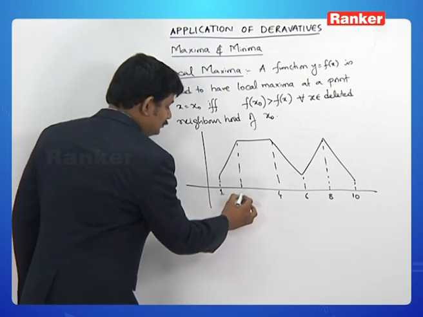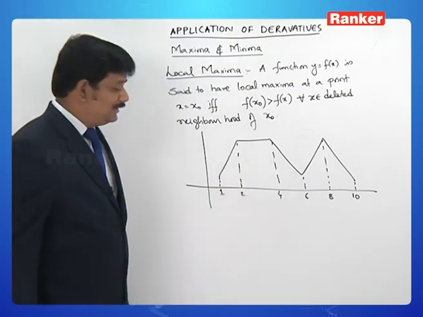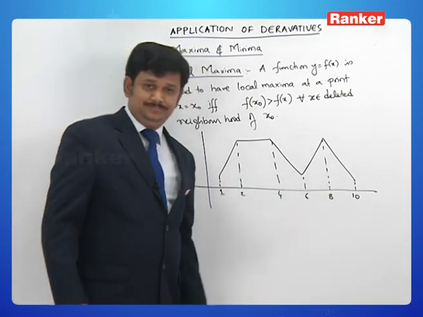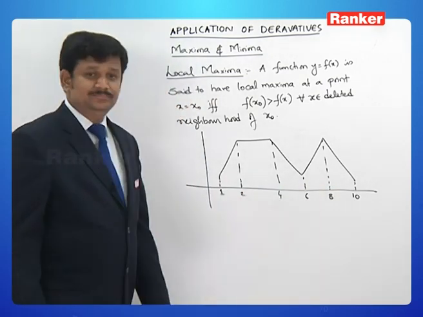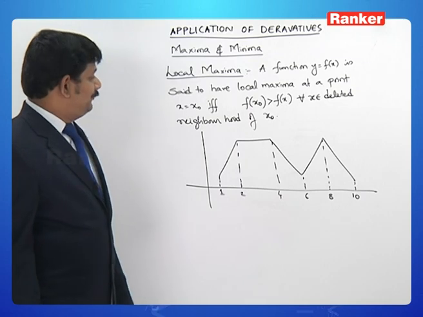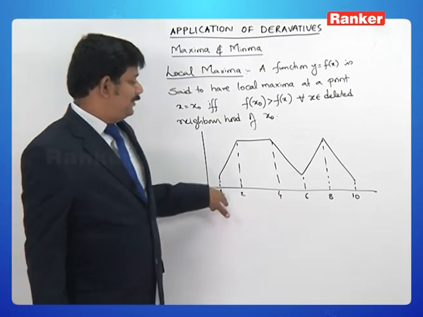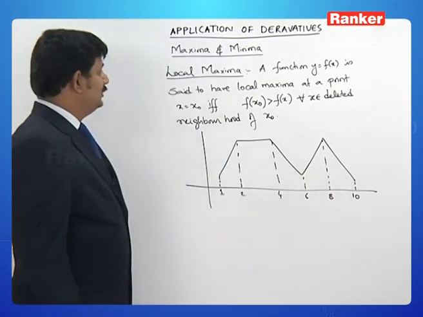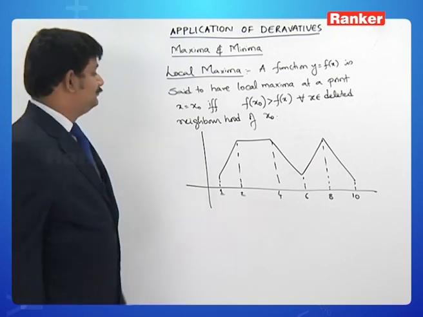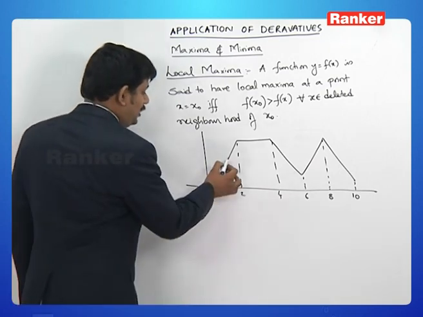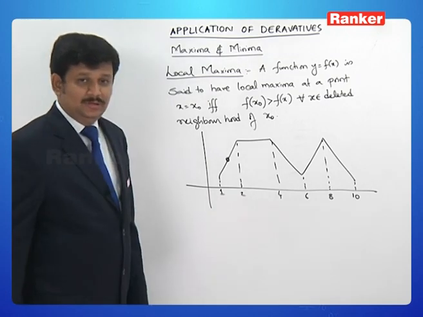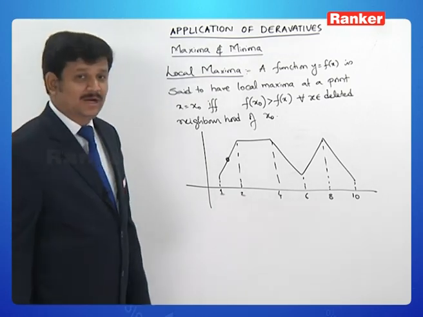Let us say this is 2. So, we have a graph of a function stretching from 1 to 10. Let us see which of the points from 1 to 10 qualify to become a local maxima. Now, any point somewhere in between 1 and 2, let us see if it can be a local maxima.